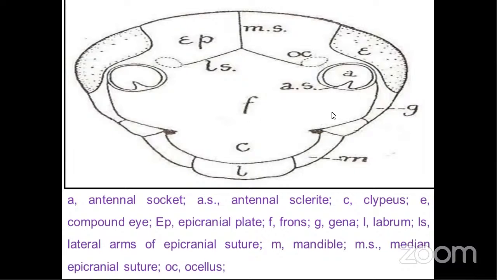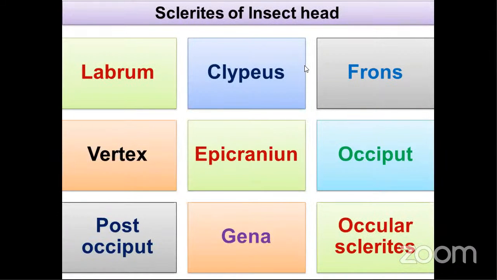Next, the vertex is there, and the epicranium. There are different types of sclerites: labrum, which is also a sclerite, clypeus, frons, vertex, epicranium, occiput, postocciput, gena, ocular sclerites, and antennal sclerites. Sclerite means nothing but hard plates.